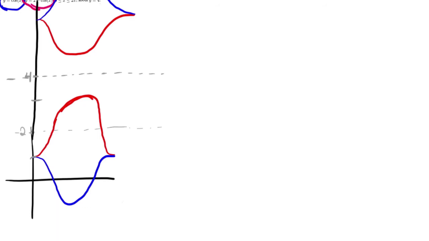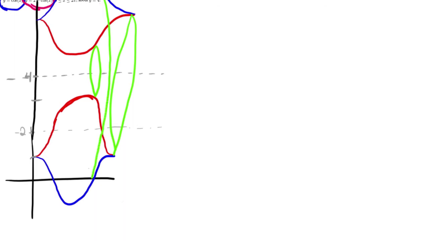Okay, so let's figure out, because it's going to rotate around this line right here and the region is separated from it, what's going to happen is you're going to create a washer. So there's going to be a hole here. Let's draw. So here on the ends it's together, but everywhere else there's a washer.